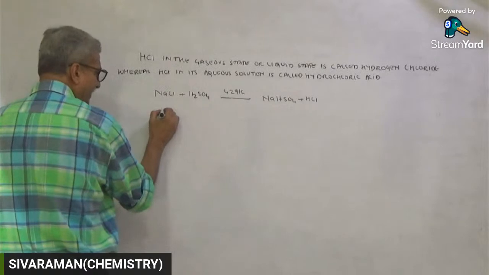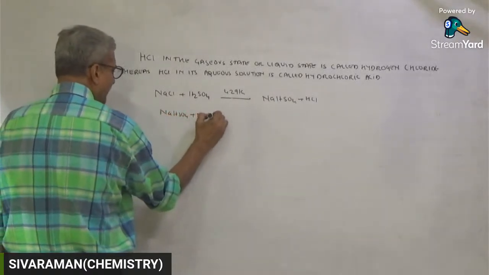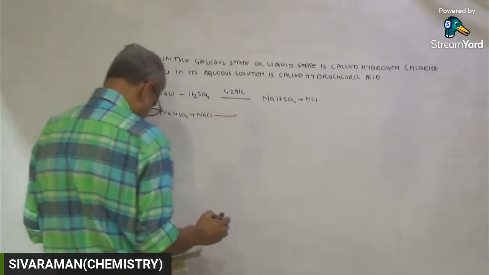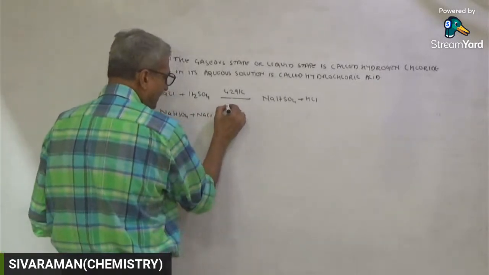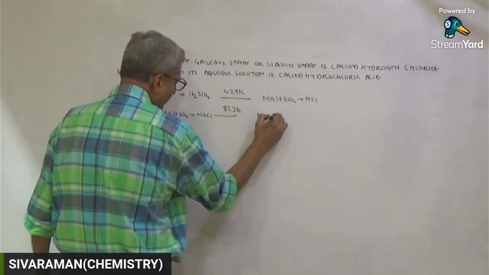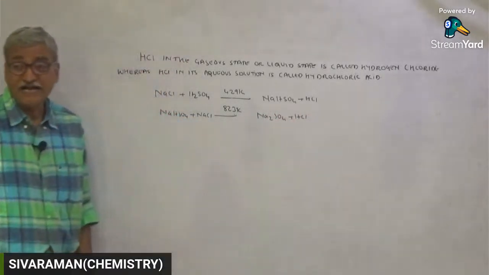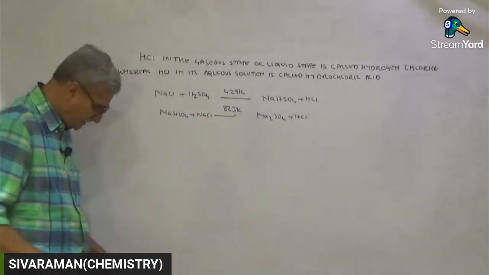Then this NaHSO4 reacts with further NaCl. On heating to a little higher than 823 Kelvin, you get Na2SO4 plus HCl gas. This is hydrogen chloride.